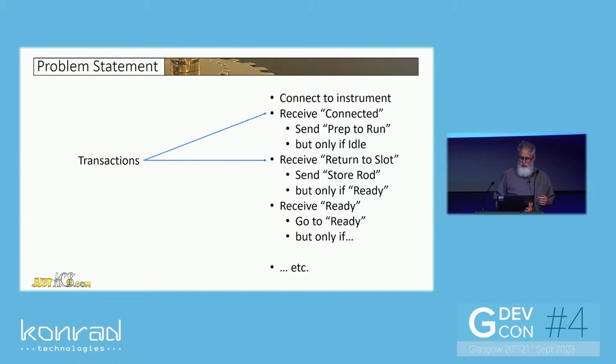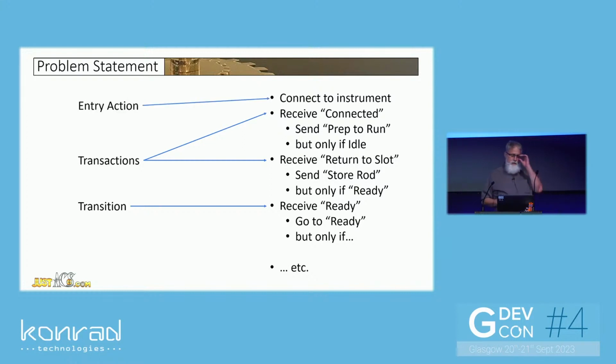Some of my messages are transitional. I'm going to go from idle to ready. Some of the things I want to do are things that I do in response to a transition, right? So, when I enter idle, I would like to try to connect. That's a thing I do once in a particular state, and not necessarily in response to a message.